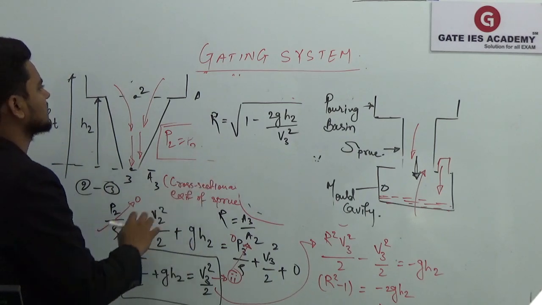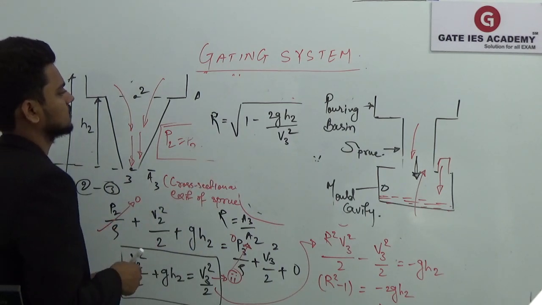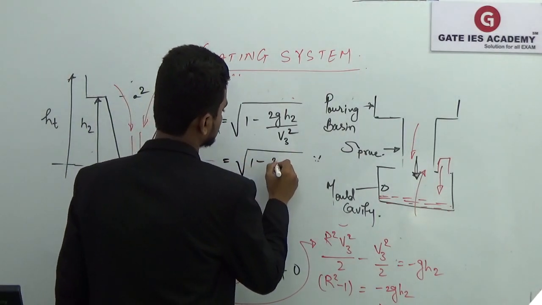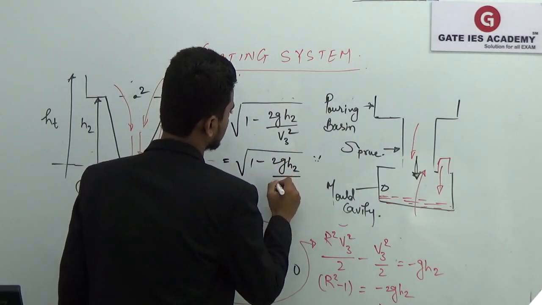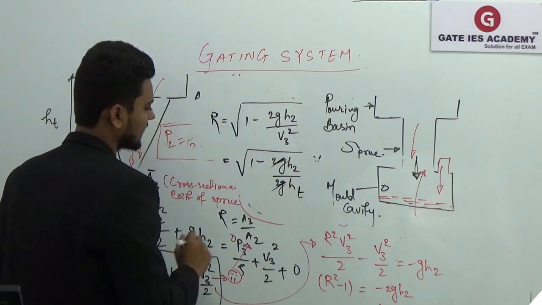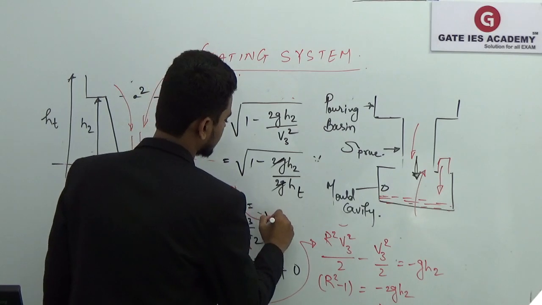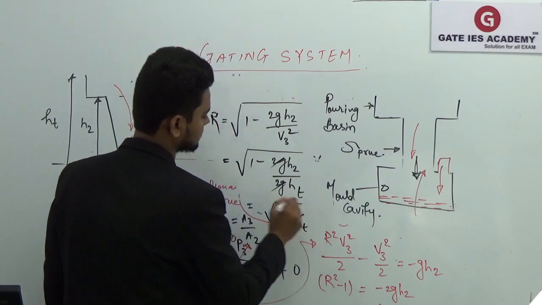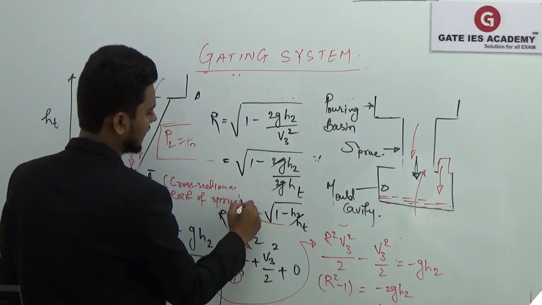And v3 square is nothing but 2g ht. So R equals square root of 1 minus 2g h2 upon 2g ht. The 2g will get cancelled, so you will get 1 minus h2 upon ht, which is equal to R.